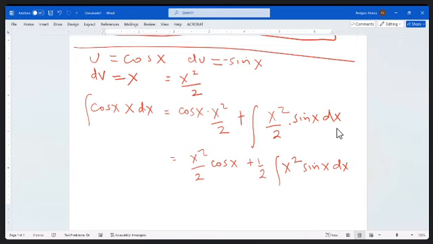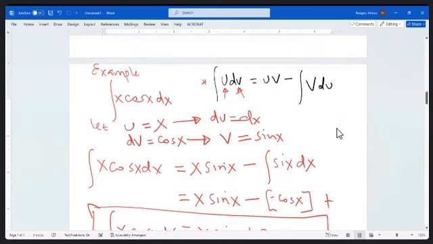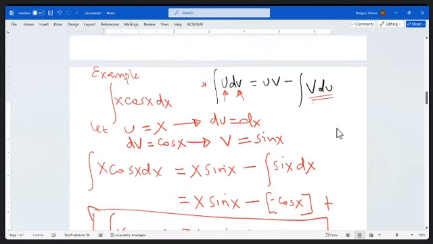So the choice of which one is u and which one is dv is very, very important. When you're choosing, you're as well looking at the v du. When I make u to be x, my du is dx. Ideally, I'm dissolving the x.